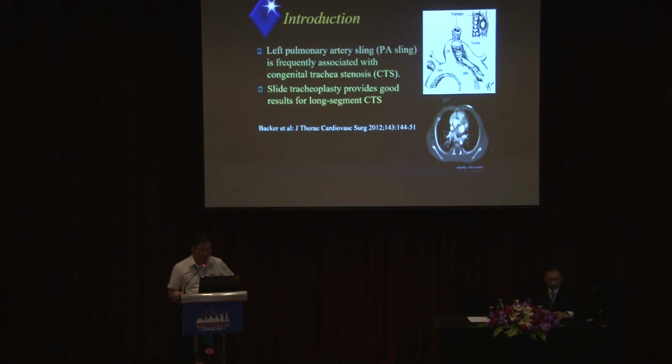We know that the pulmonary sling is frequently associated with congenital tracheal stenosis. In the recent era, slide tracheoplasty is the most popular procedure that we choose to correct congenital tracheal stenosis.